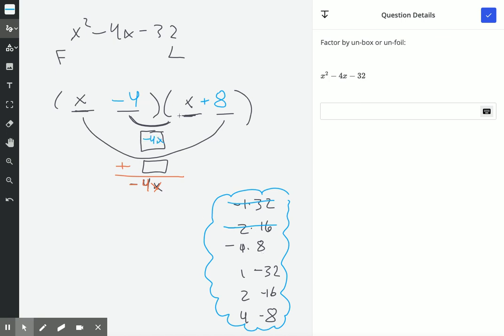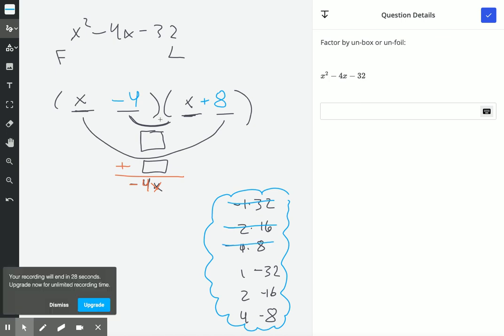Negative 4x is my inners. 8x is my outers. Do I get negative 4x? Ooh, I'm close. I have negative 4x and a positive 8x, which gives me a positive 4x, but that's not what I want. So backing up a bit, this one doesn't work, but I'm close.